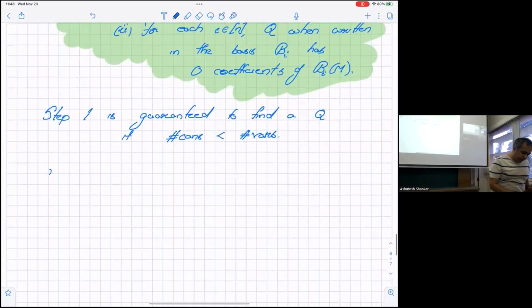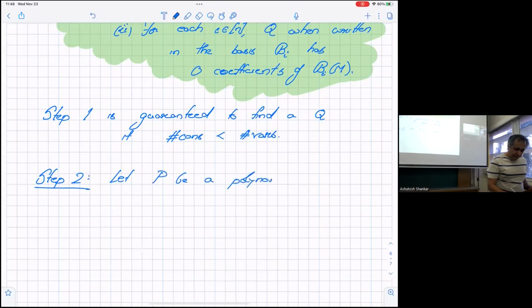Let's go to step two. So at the end of this, what do we know? Let P be a polynomial that agrees with p points of the data.